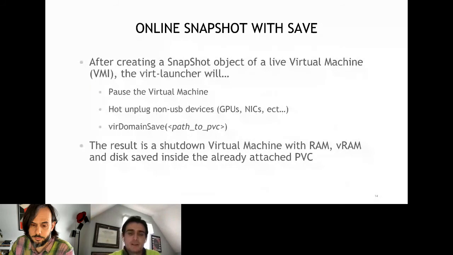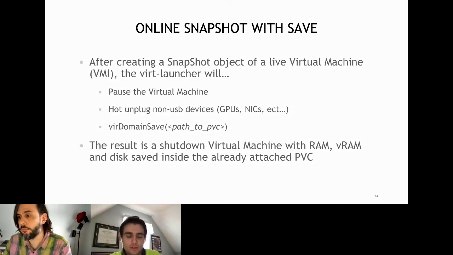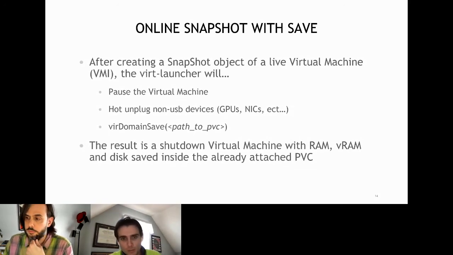Okay, so I'm going to talk at a very high level about future work. Mike mentioned doing live snapshots. Specifically, what I'm interested in is doing an online snapshot with Save. So what would this look like at a high level? When you create a snapshot of a virtual machine, the virt-launcher pauses the virtual machine. We'll do a hot unplug of non-USB devices.